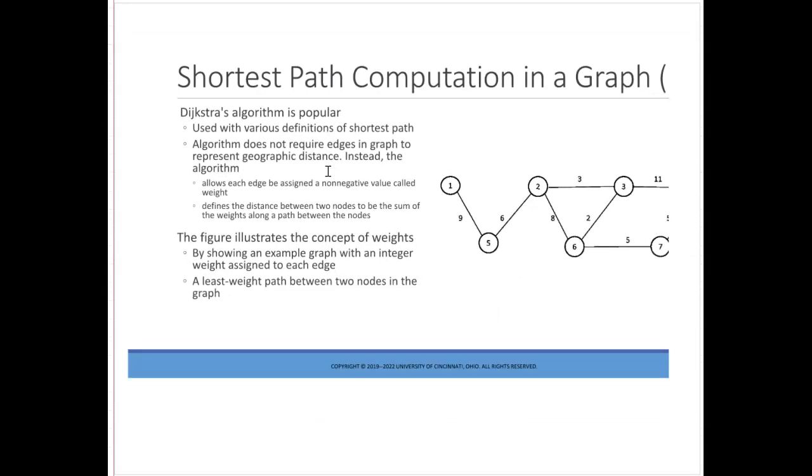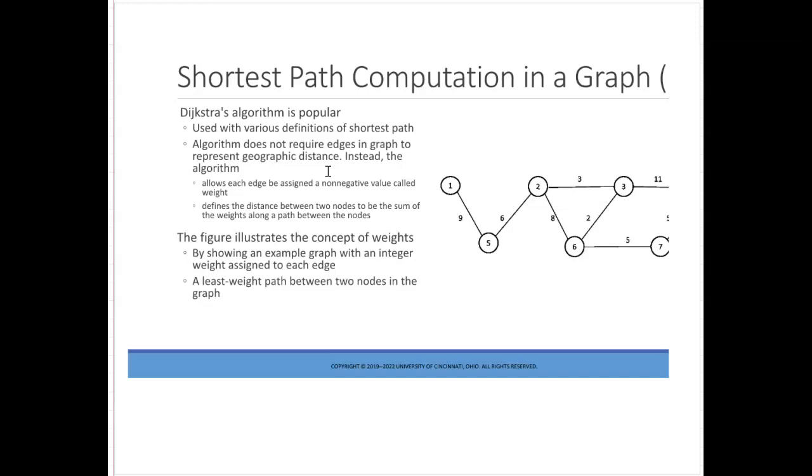Dijkstra's algorithm is popular and can be used with various definitions of shortest path. In particular, the algorithm does not require edges in the graph to represent geographic distance. Instead, the algorithm allows each edge to be assigned a non-negative value called a weight. The algorithm defines the distance between two nodes to be the sum of the weights along a path between the nodes.